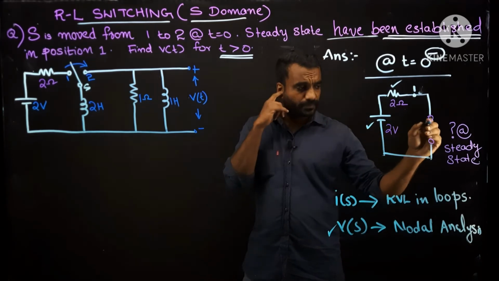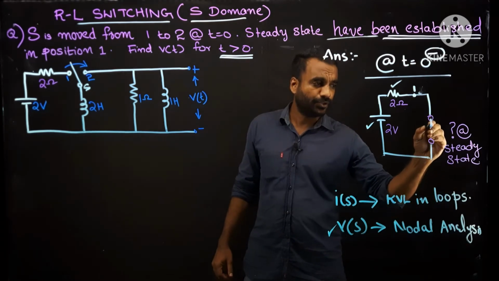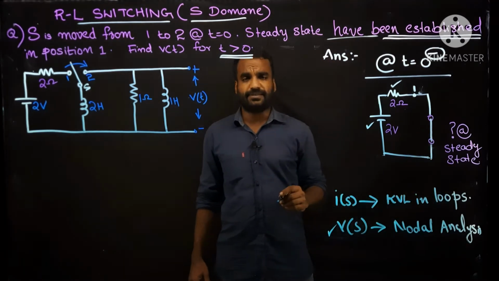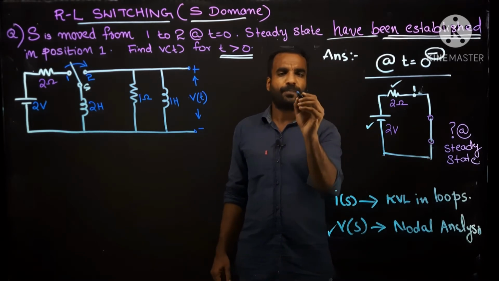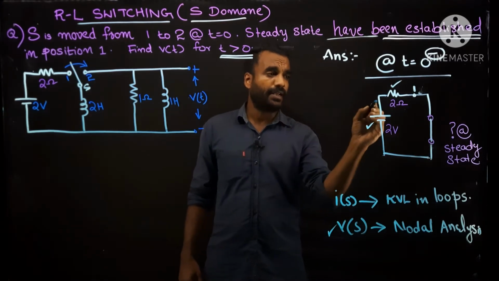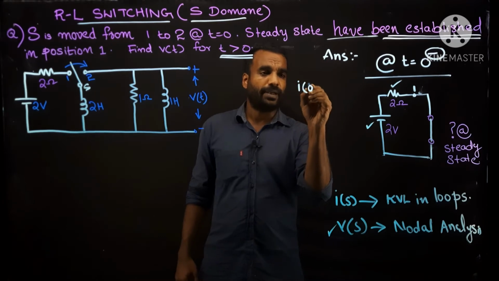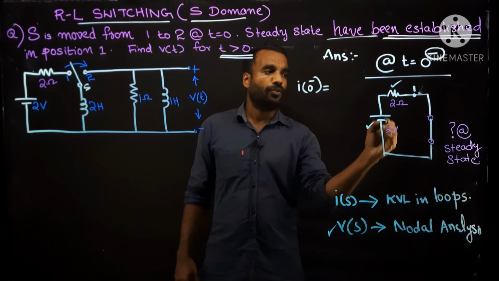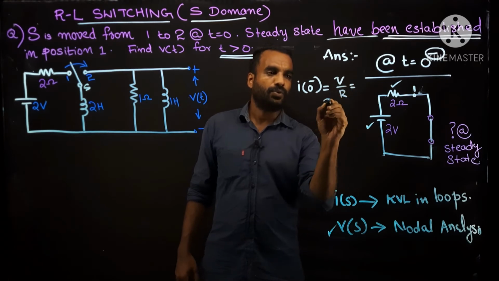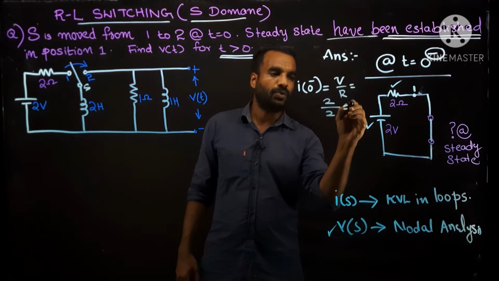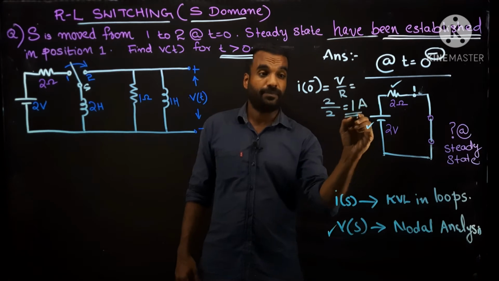So now I connect the inductor with a short circuit, as it is in steady state. Now I can write the current equation: I0 minus is equal to V by R, that is 2 by 2, that is equal to 1 ampere.